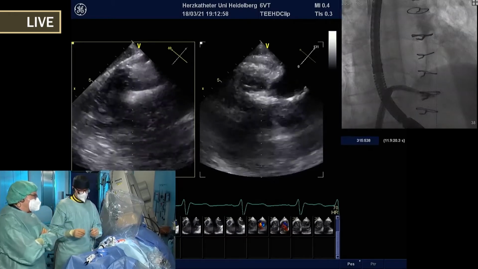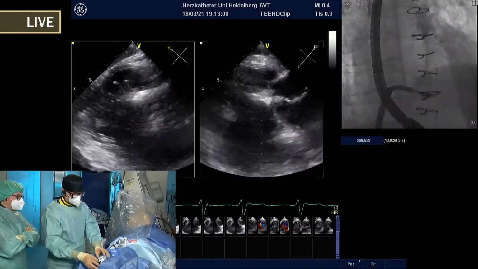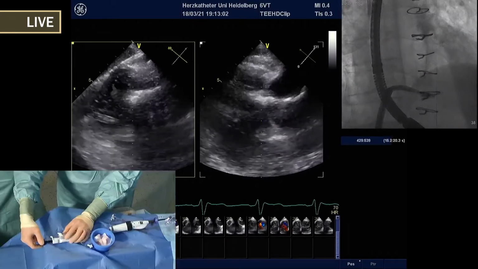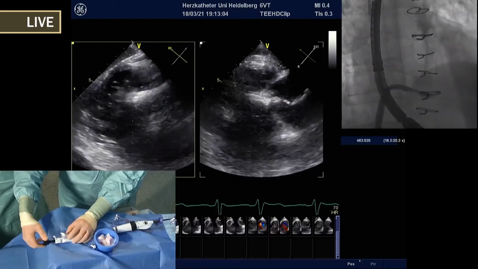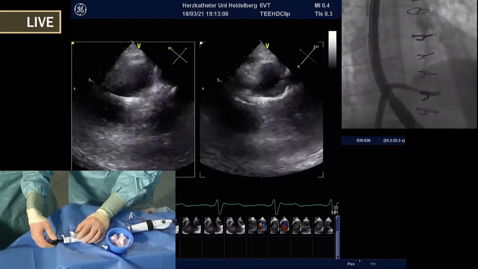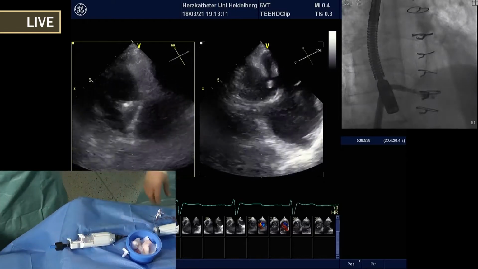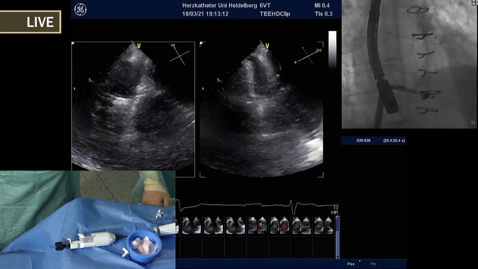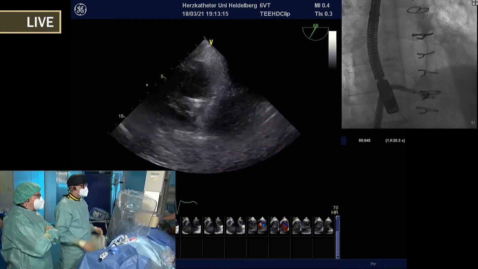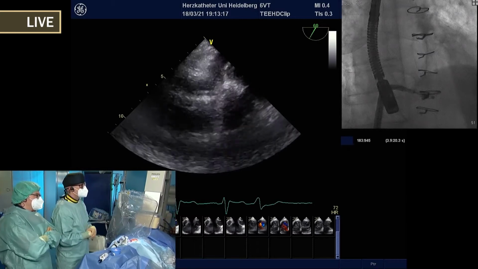So what we typically do is that we go back to capture-ready position. So we open the device to 180 degrees, but we leave the clasps down, and we want to see how much tissue we captured with the device.